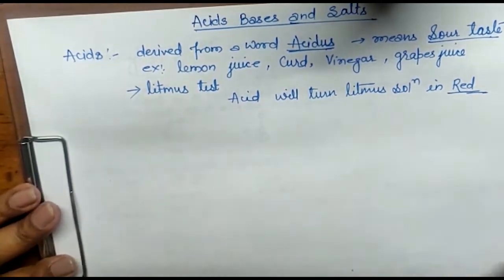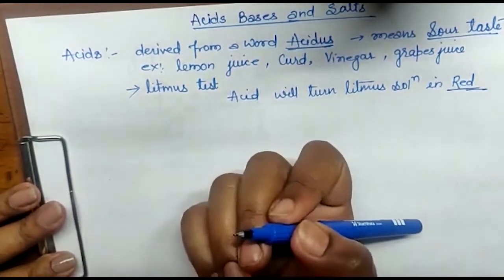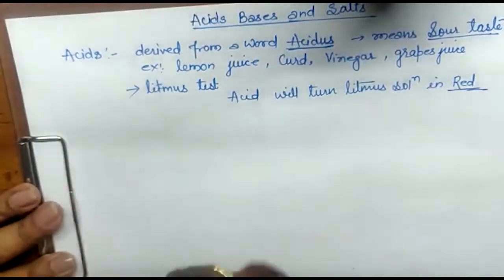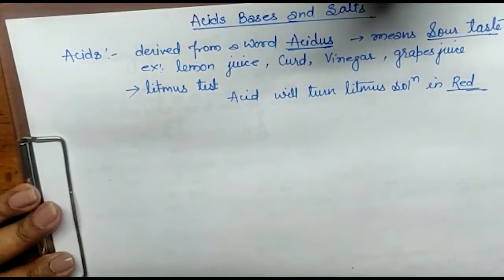We'll do that afterwards. There are some indicators: one is litmus, another is phenolphthalein. Also we can say phenolphthalein and methyl orange are the indicators.